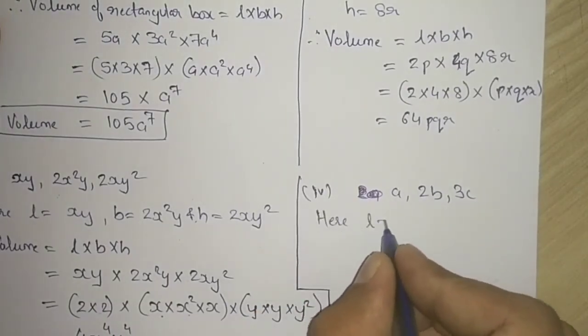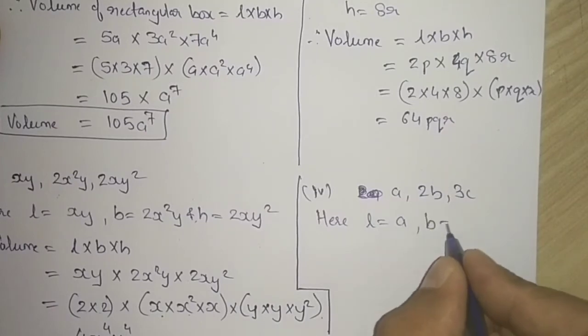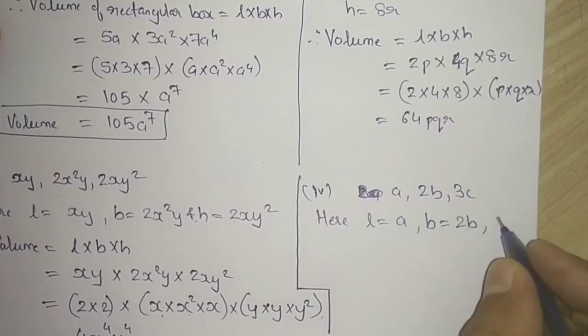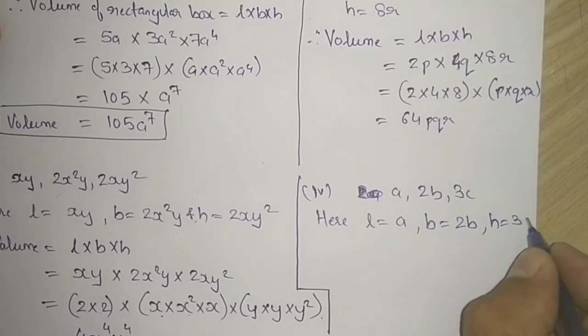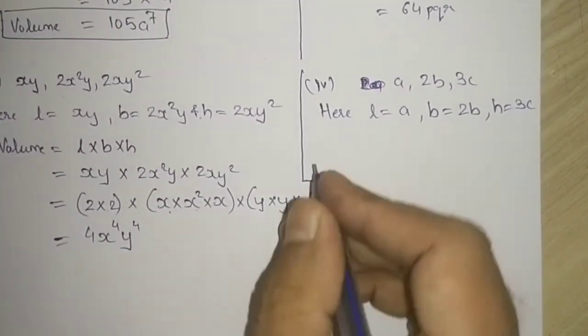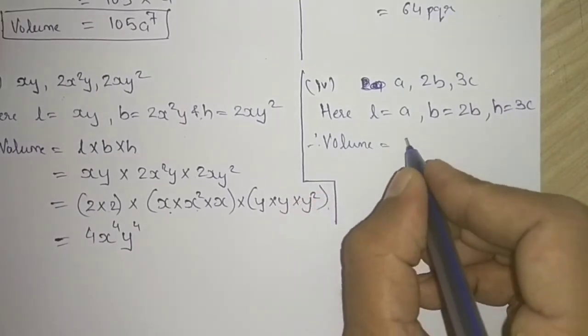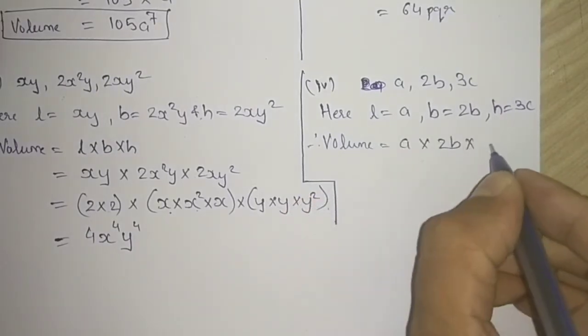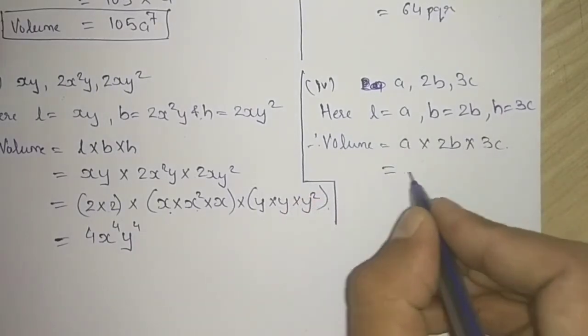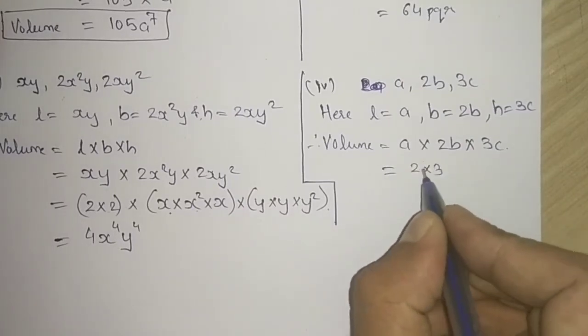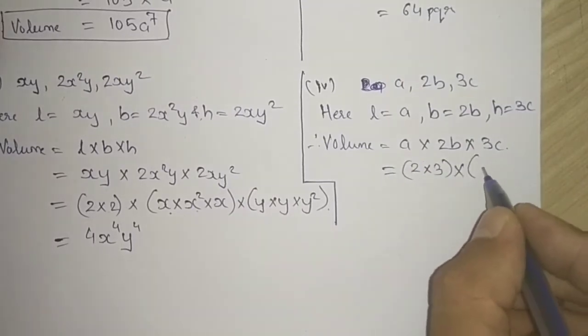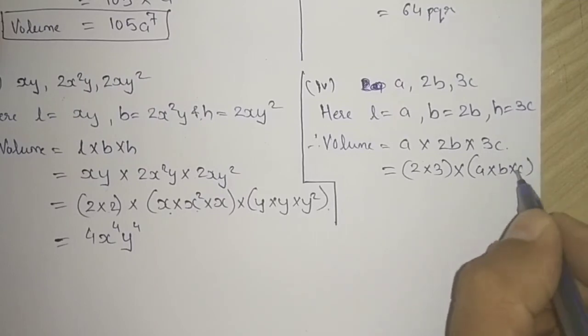Here length is equal to a, breadth is equal to 2b, and height is equal to 3c. Therefore volume is equal to length into breadth into height. Multiply the numerical portion 2 into 3 and multiply the variable portion in other bracket.